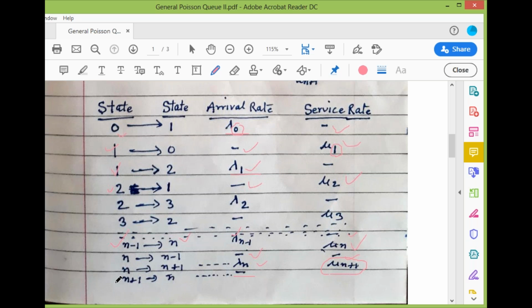In this way, this transition diagram has its own justification and interpretation, by which we will discuss the mathematical structure of this transition diagram.